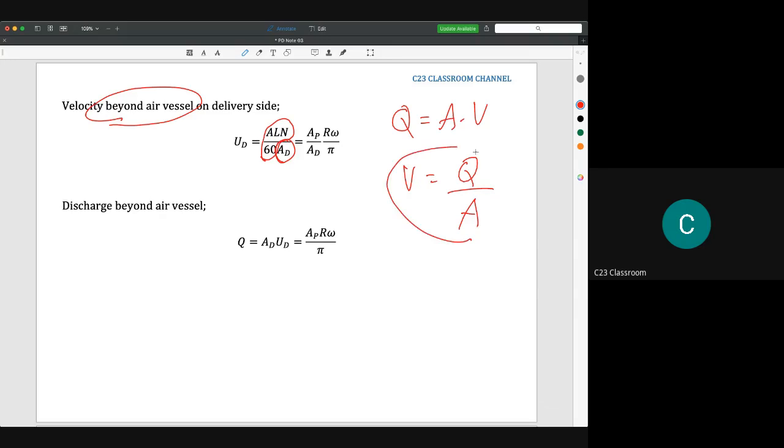So this is the idea actually. And then the discharge beyond the air vessel can be shown like this. This is the idea of what I was saying just now. Okay.